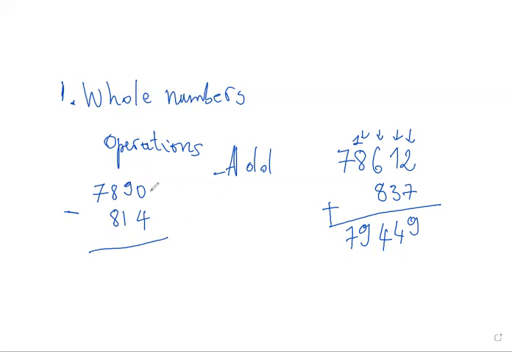For those who are not familiar, 0 minus 4, you see 0 is less than 4, so you have to borrow 1. And then you say 10 minus 4 is 6. And that 1 comes down to here.